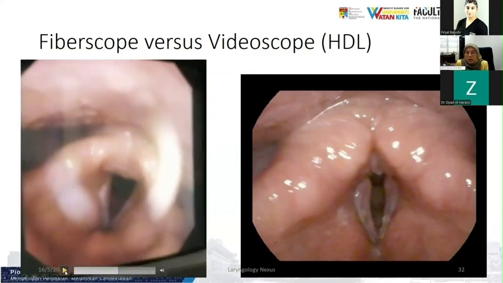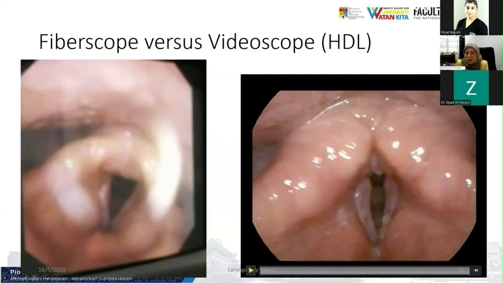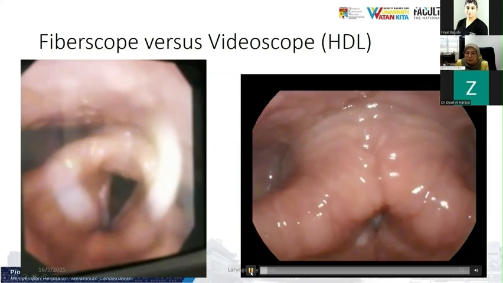This patient was diagnosed as LPR and was given treatment. And the patient was referred to me, and I repeated the examination using a video endoscope, which has the camera at the tip and is equipped with stroboscopy and enhanced laryngeal imaging.